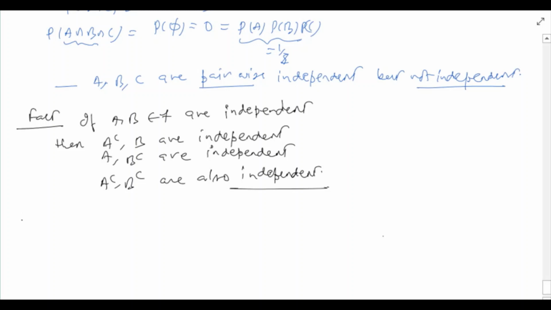Let us now consider a few more examples. First example is, suppose a family has 2 children. Each may be a boy or a girl with equal probability.